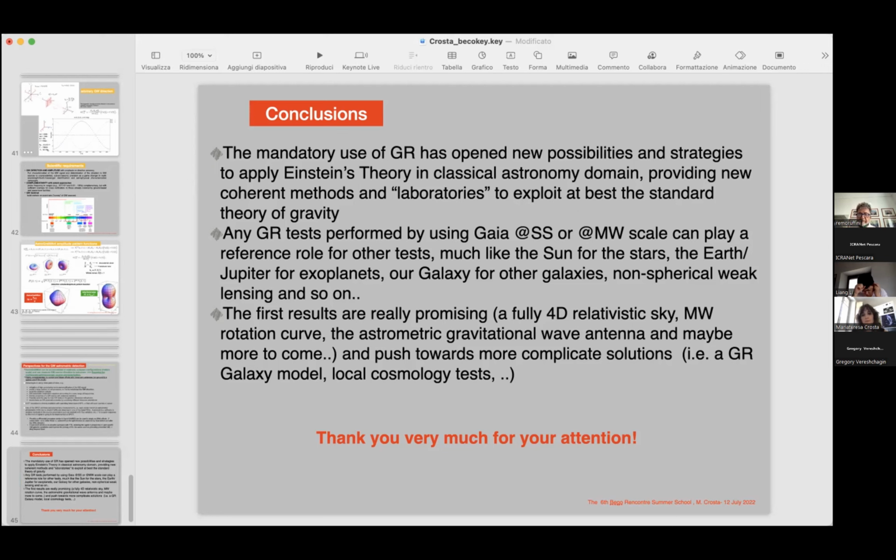Just a comment. Yes, Gaia data are able to do this, so we can test any model with Gaia data. So there are predictions; of course, we are not suitable for the galactic center, but we can match this test with the other galactic tests that go towards the galactic center.